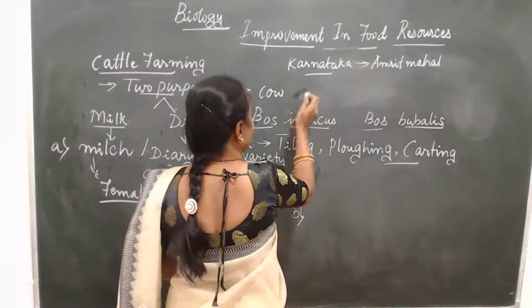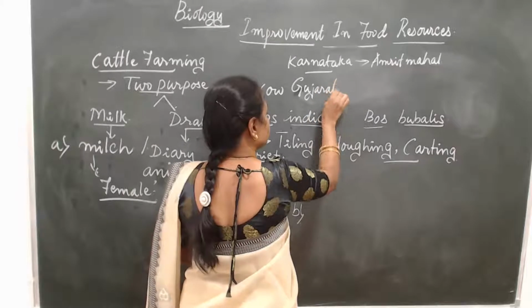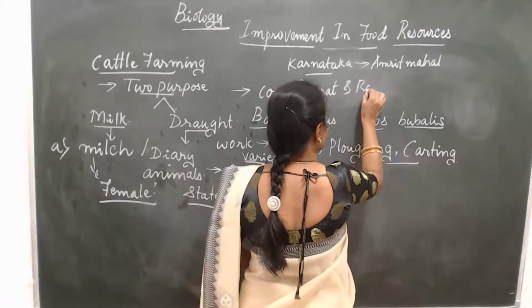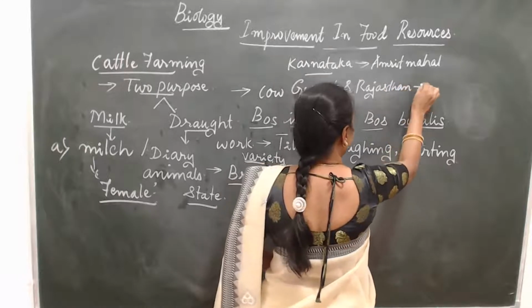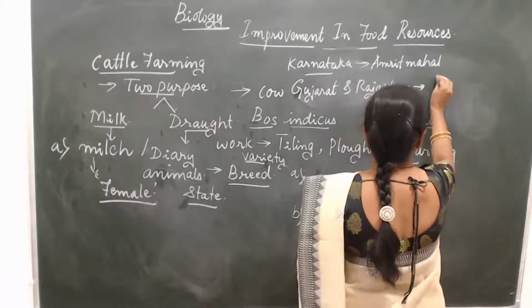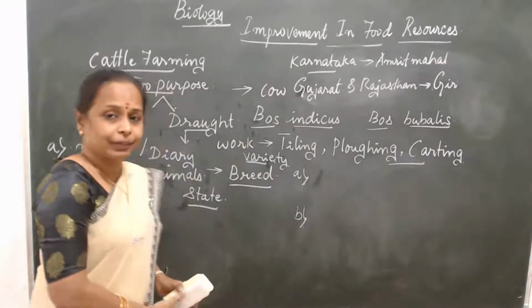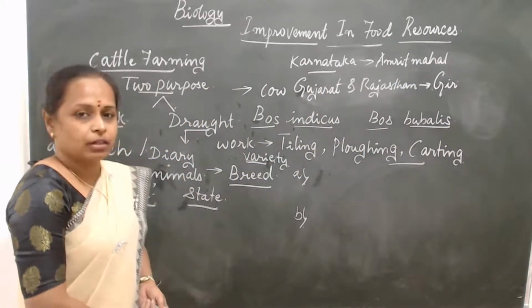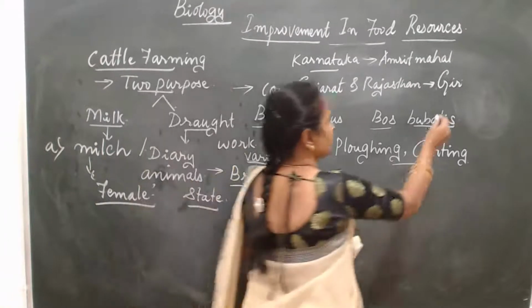Okay? Then in Gujarat and Rajasthan, the most preferred is the Gir. Gir is a breed of cattle which is taken in Gujarat and Rajasthan.